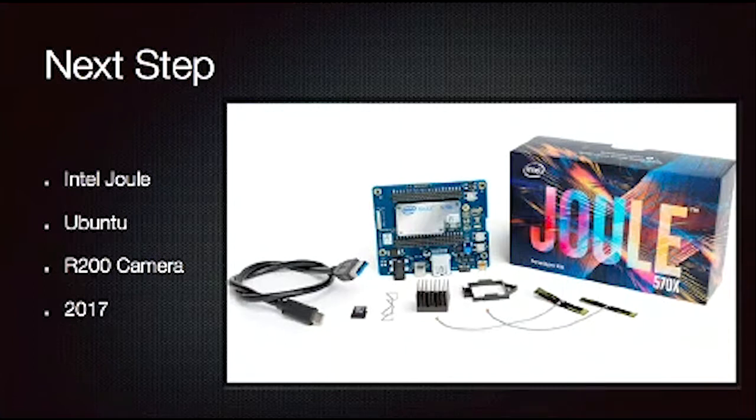And second is the size point. Using one single chip is much smaller than having multiple devices communicating with each other. And Intel Joule is best in both cases.